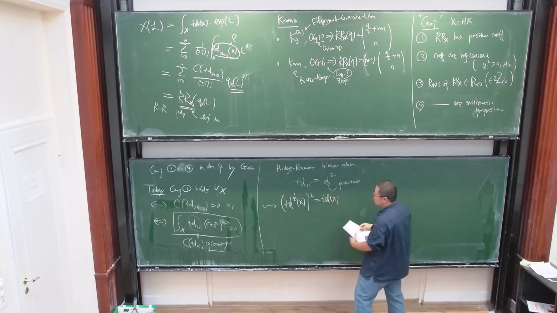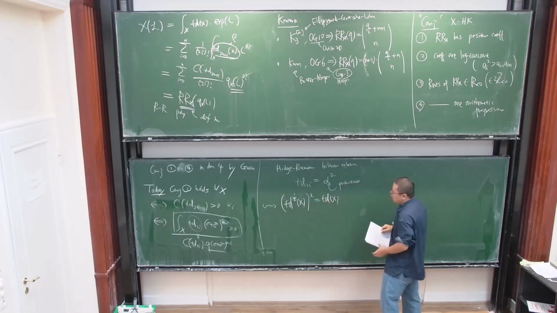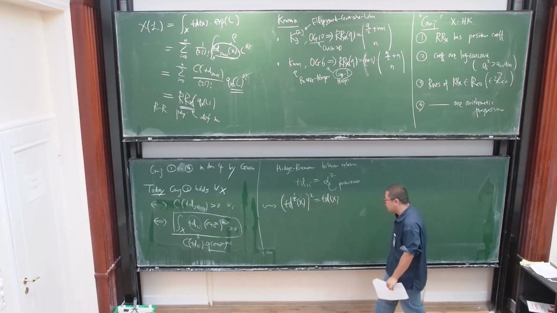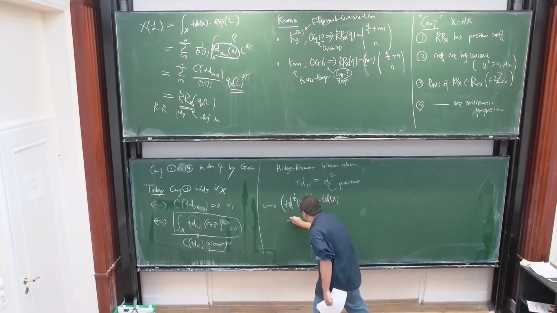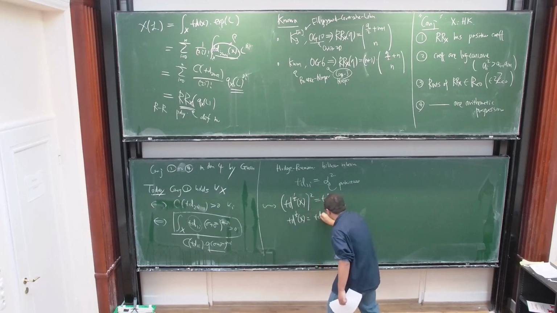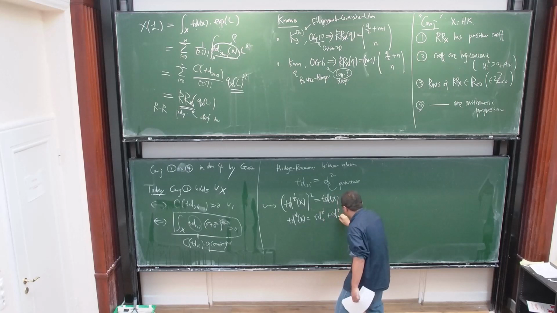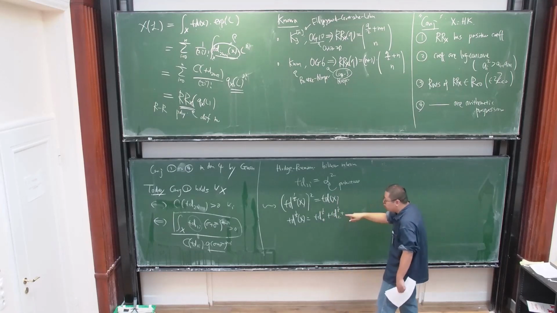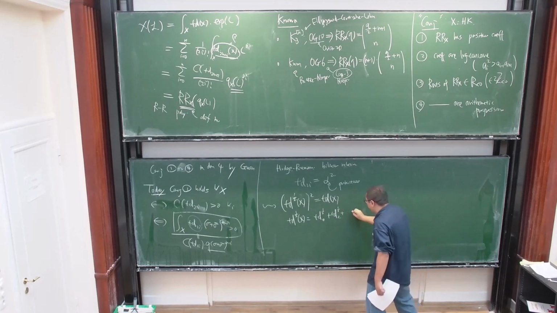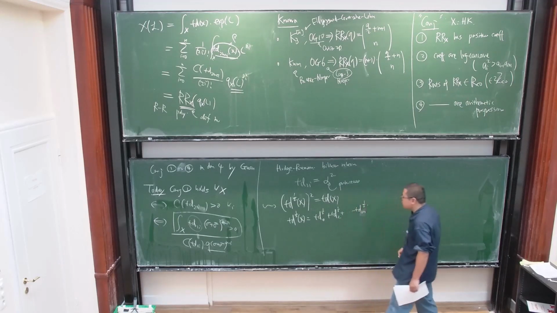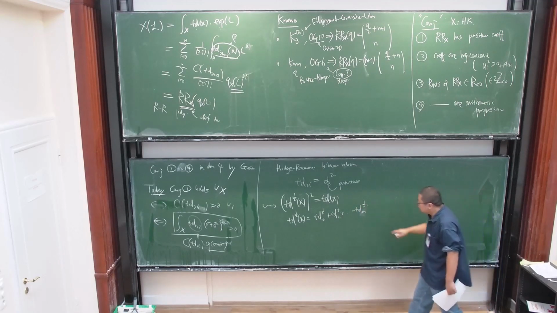Let me denote it by Todd root 0 plus Todd root 2 plus, remember there's no odd one, up to Todd root 2n.